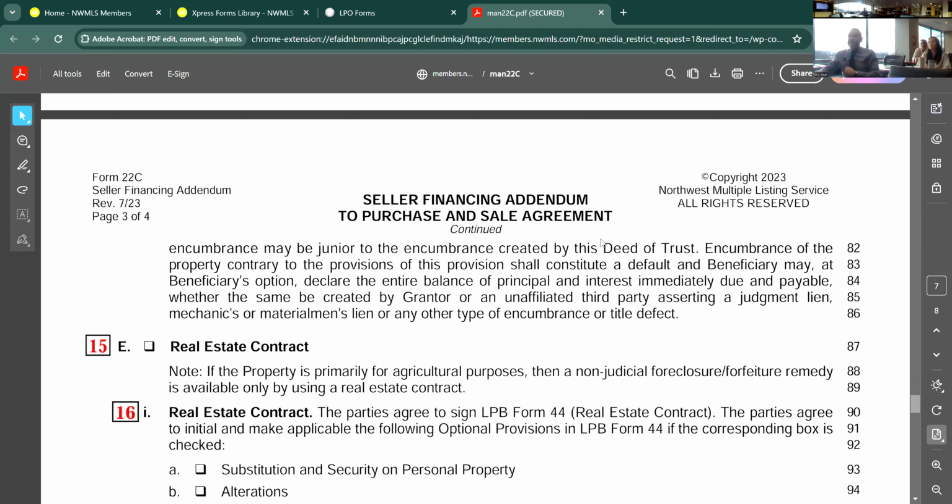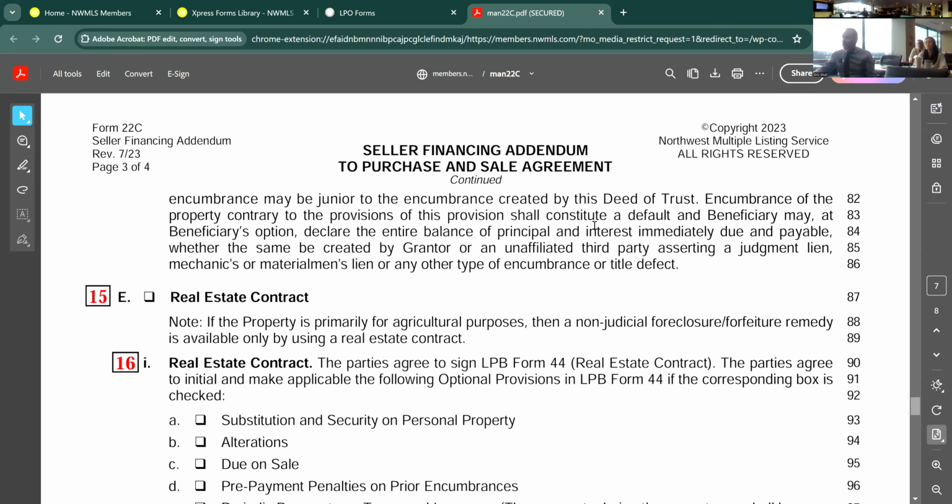Yep. All right, next section is real estate contract. If you're choosing this option, it's different from the first note and deed of trust option. Note, if the property is primarily for agricultural purposes, then a non-judicial foreclosure or forfeiture remedy is available only by using a real estate contract.